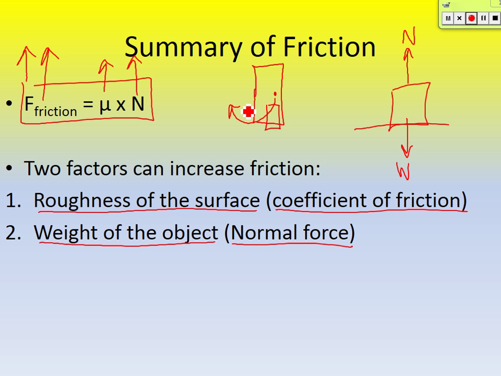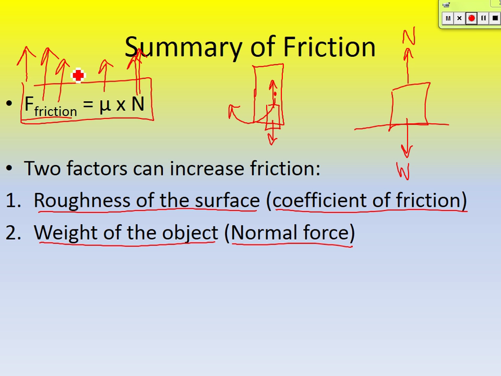Increase the weight. I could put a heavier object in it, couldn't I? So I could put a lot of weight in there. If I put more weight, what's going to happen to the normal force? The normal force is going to go up, and if the normal force goes up, what happens to the force of friction? It goes up. So you could either put more weight in it, or I could do what? I need to put something on the bottom of this garbage can to make its coefficient of friction go up or down?